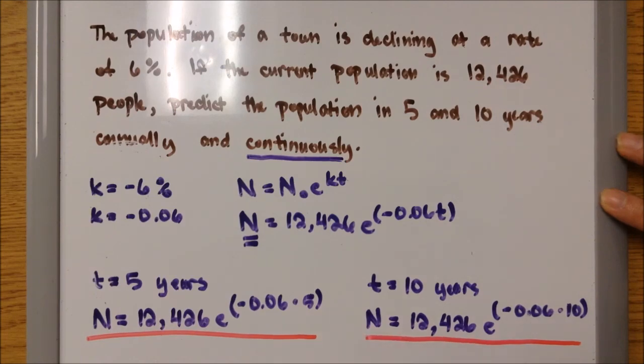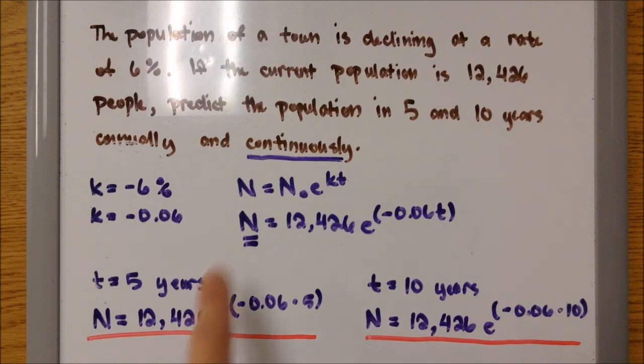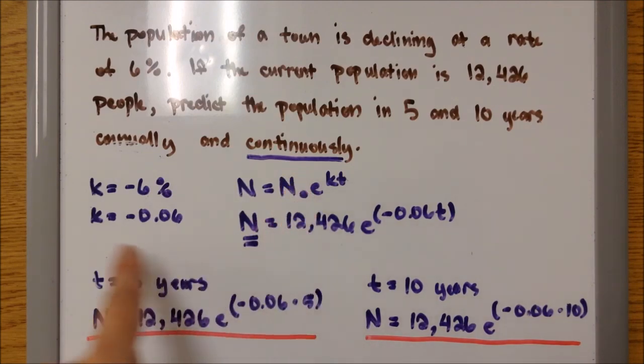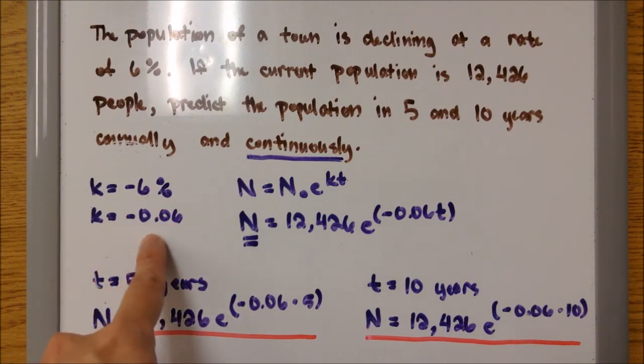You would use these setups in the calculator, and whatever answer you get is the answer for the prediction of the population. So again, focus on setting up the models correctly in order to get the answer correctly from the calculator. This is the formula for continuous at a rate of 6%, or the decimal value, negative 0.06.